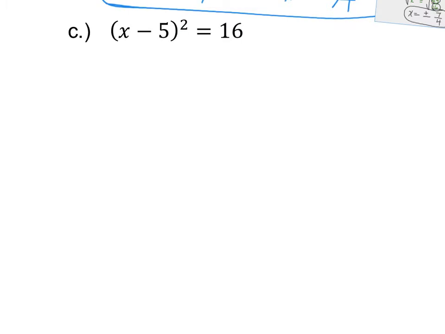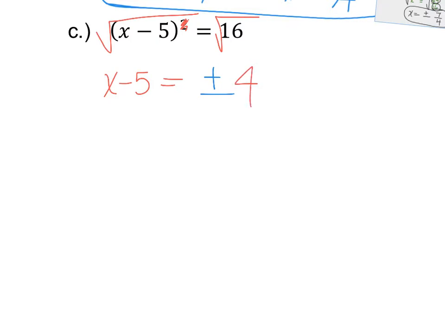And to undo that, to undo the squaredness, I take the square root. Whatever you do to one side, you do to the other. When you took the square root, you eliminated the square. So now you have x minus 5 is equal to, please remember that the square root of a number is positive and negative, in this case 4.